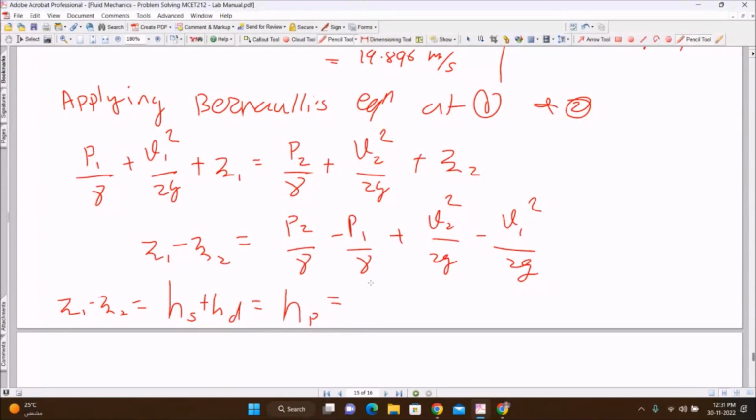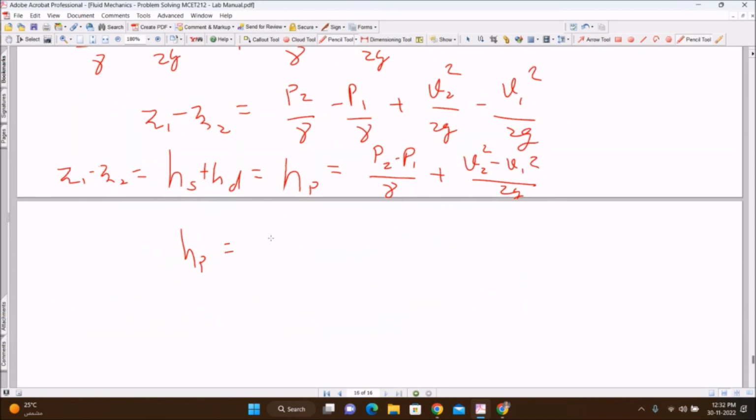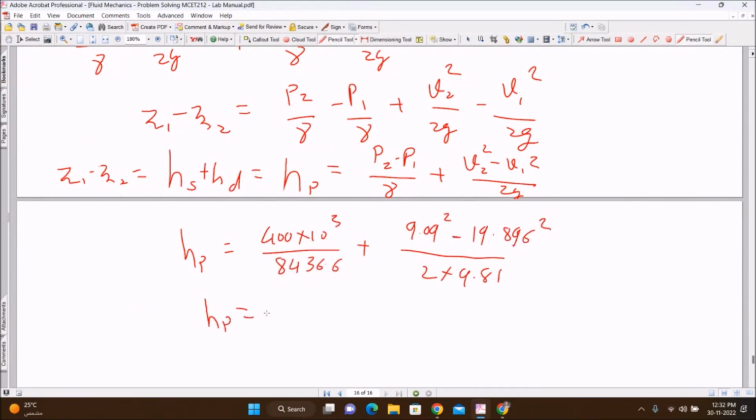The same way you can write it as P2 minus P1 by gamma plus V2 square minus V1 square by 2G. The pressure difference is given, so HP is equal to 31.448 meter.